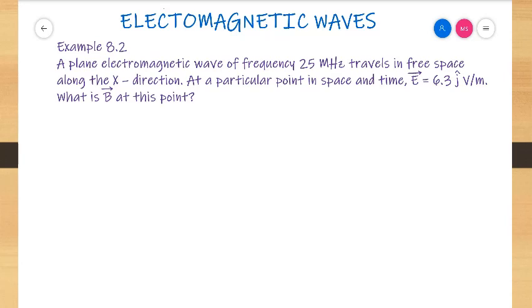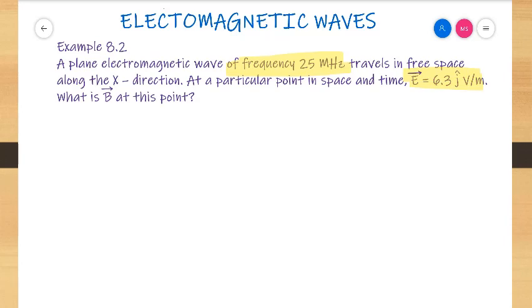Now, before solving any example, you must know what are the given data. That is, you should make a list of given data. So what is given in this example? You can see that frequency is given, that is 25 MHz, and electric field is given.